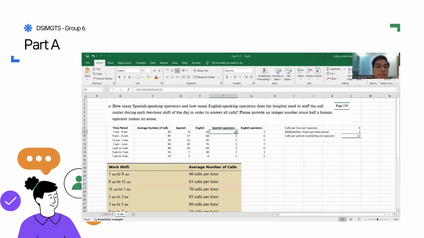And we do this for each time period. So for the next time period, 9 a.m. to 11 a.m., that would be 2 Spanish-speaking operators, then 6 English operators. This column represents how many Spanish-speaking operators and how many English-speaking operators the hospital needs to staff the call center during each 2-hour shift of the day in order to answer all calls.